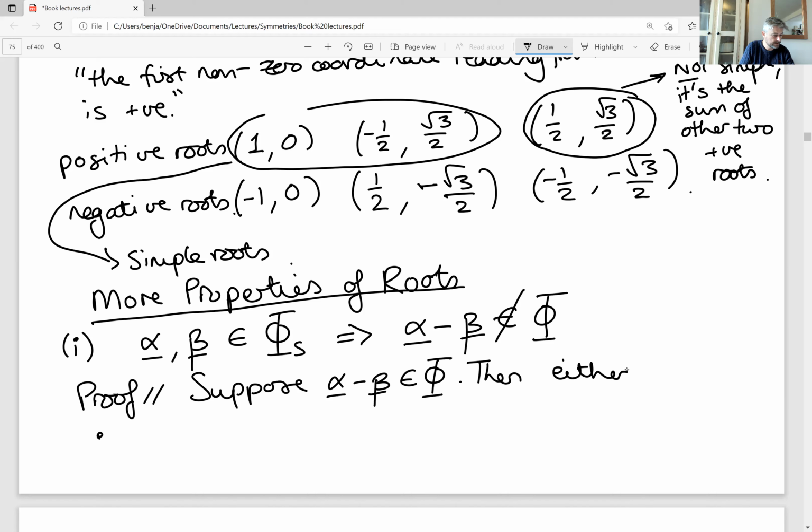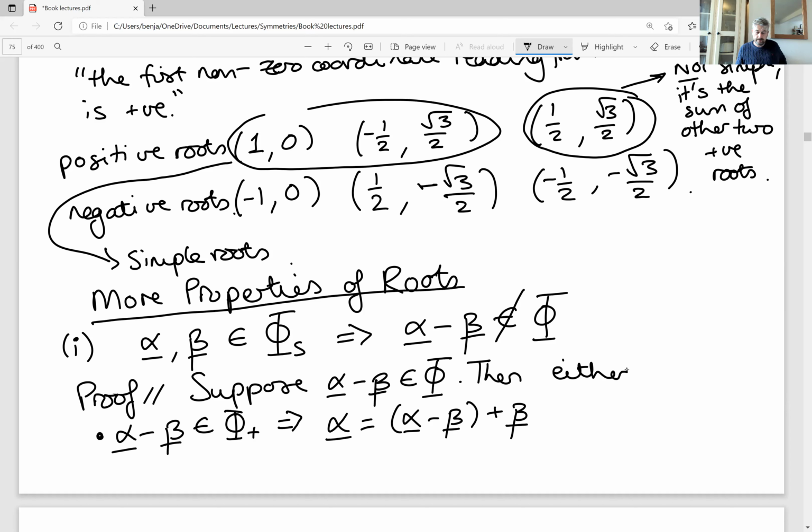If it's a positive root, in other words, alpha minus beta is in phi plus, the set of positive roots, then we can rewrite alpha as alpha minus beta plus beta.